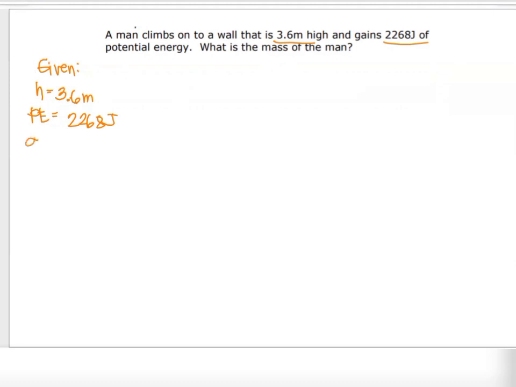Of course, palaging given si acceleration due to gravity with a value of 9.8 meters per second squared. Okay? And then next is to identify the unknown. Ano yung hinahanap? Of course, we already know it from the problem. So mass.